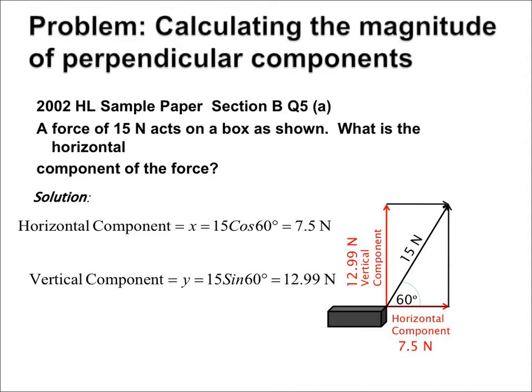Again, you're just multiplying by cosine to get the one which runs along the ground, and by sine to get the one which goes up vertically. Very simple questions, always done in exactly the same way. But the basic idea is that you can break a vector down into its parts, and that makes it easier to use, and you want the bit which is going in the direction you're interested in.